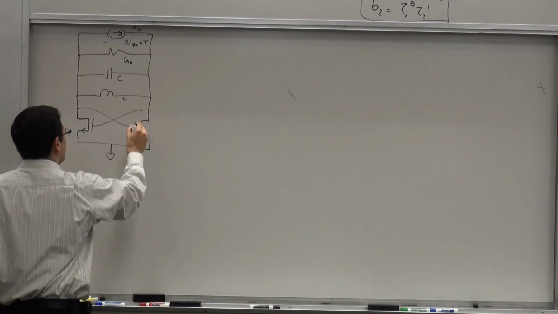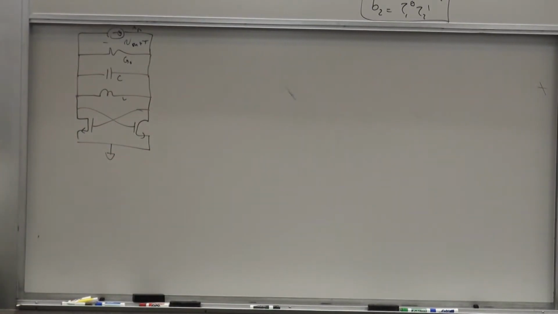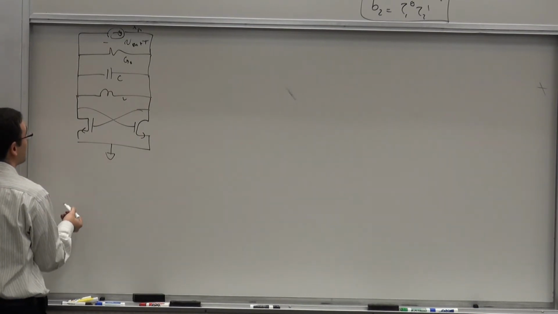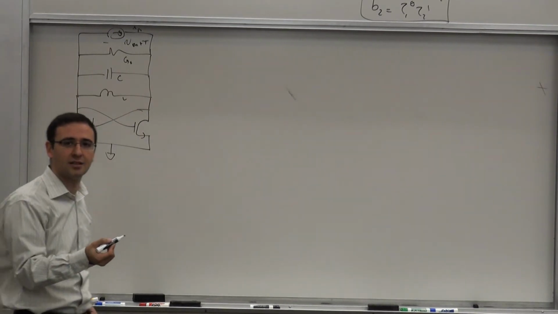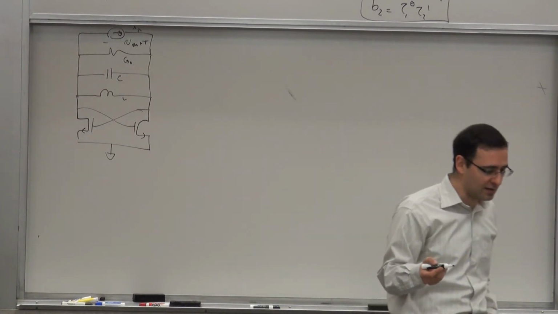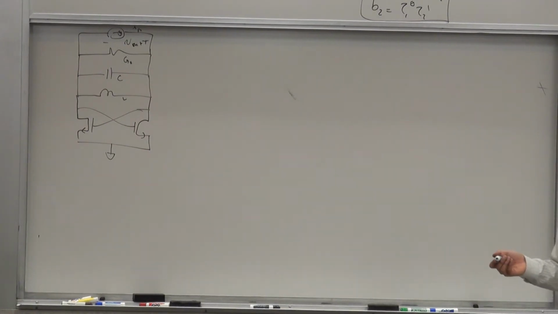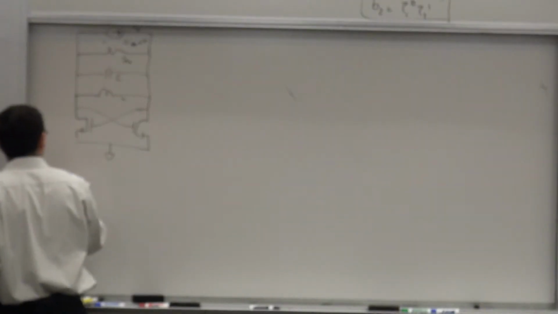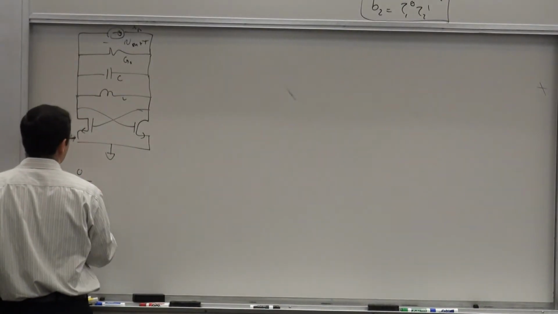So, what's the behavior? What can you say about this transfer function? What is H naught? In this case, the transfer function has units of impedance, right? It's a voltage divided by current. So I can write it as Z naught, or I can write it as H, doesn't matter. So in this case, let's write it as H. So what is H naught?